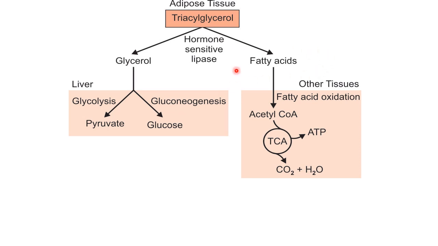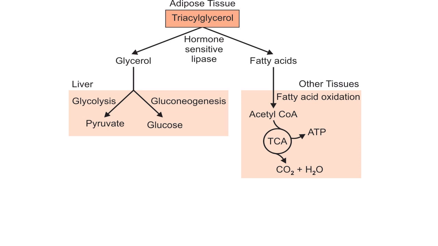Now the fatty acid part, which is released at the end of the hydrolysis of triacylglycerol or lipolysis process, enters the various tissues and undergoes fatty acid oxidation. At the end of fatty acid oxidation, acetyl-CoA is synthesized. This acetyl-CoA enters the TCA cycle and gets completely oxidized into carbon dioxide. This is the first step of the oxidation of fatty acid, that is lipolysis.